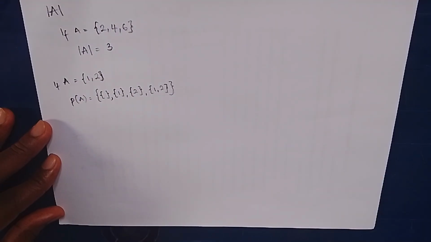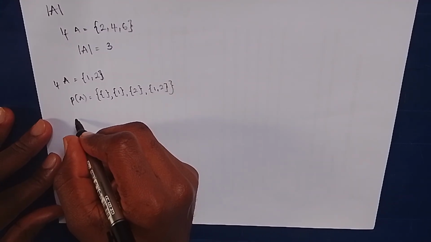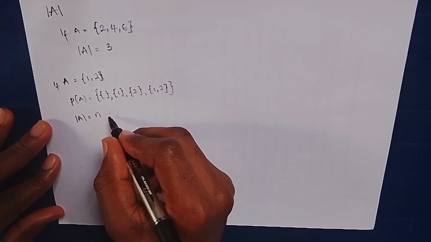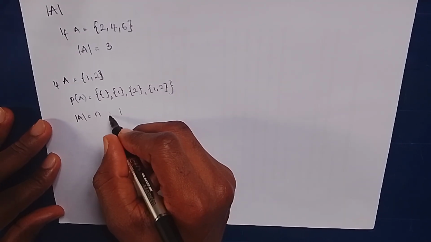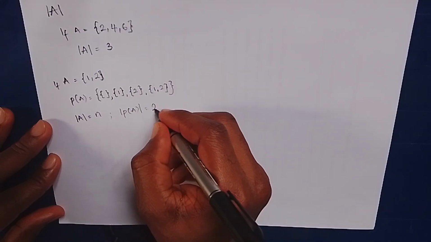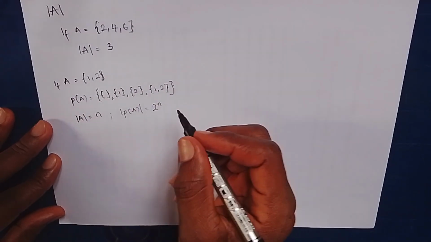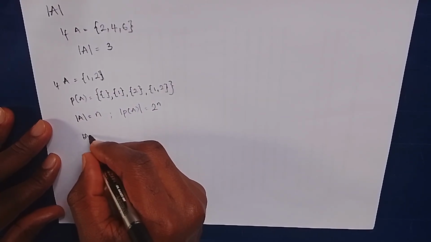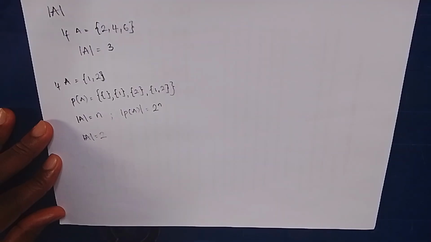And something else we should note about the power set is that if the cardinality of A is equal to n, then the cardinality of the power set will be equal to 2 raised to power n. Now, looking at this example, the cardinality of A is equal to 2.